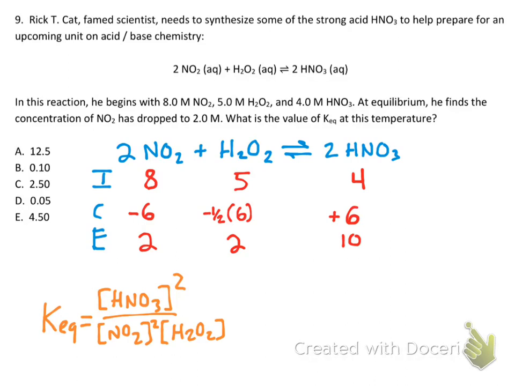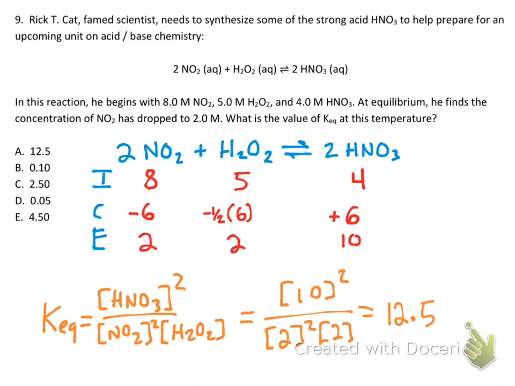Now let's plug in our values. We've got 10 of the nitric acid. So 10 squared over 2 squared times 2, so 2 cubed. And we'll end up getting 12.5.